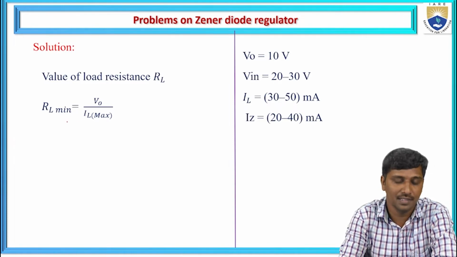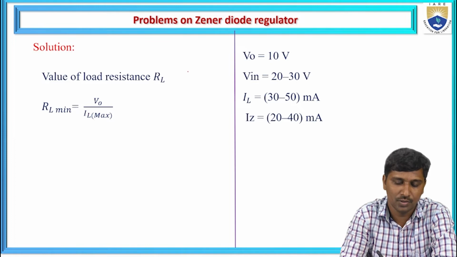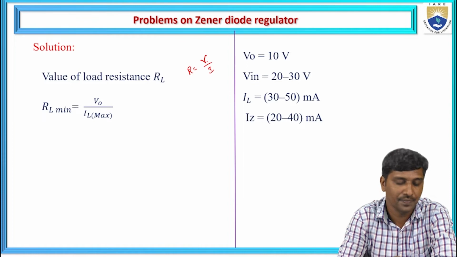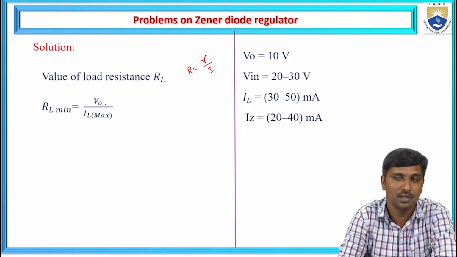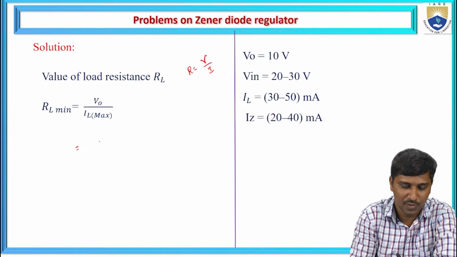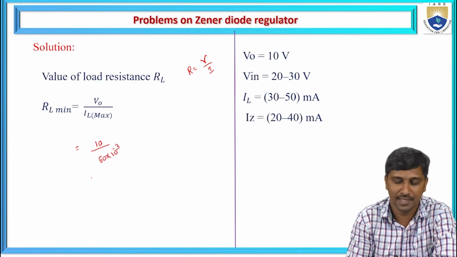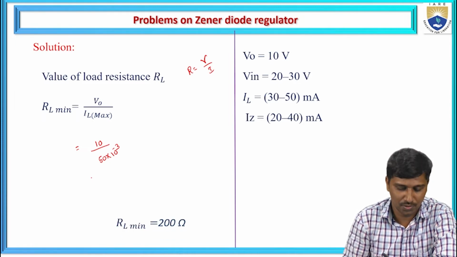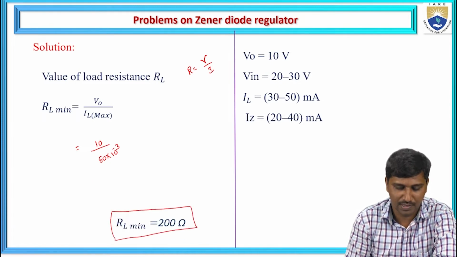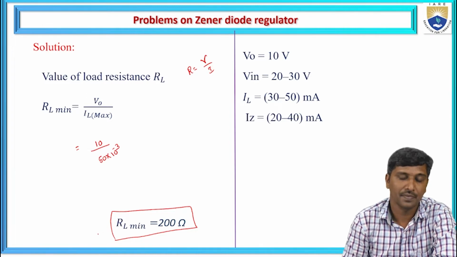In general, R is the ratio of voltage to current. The minimum resistance is the ratio of output voltage to the maximum load current. The output voltage is 10 volts and the maximum load current is 50 milliamperes, that is, 50 into 10 to the power of minus 3. Solving this ratio gives RL minimum as 200 ohms.